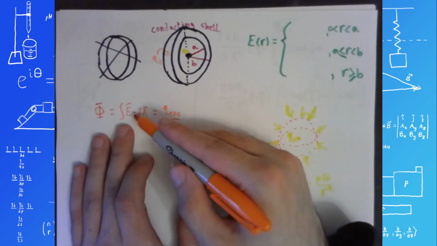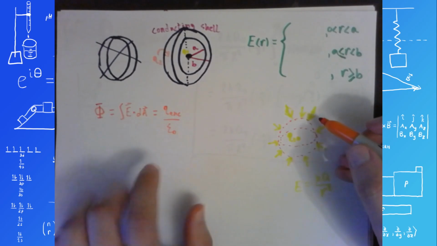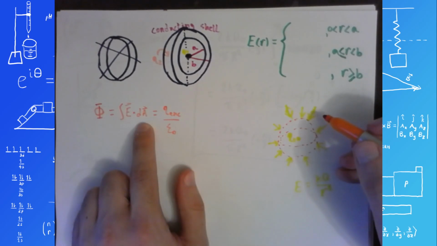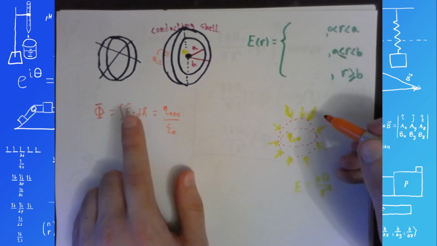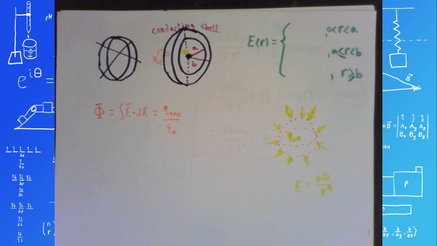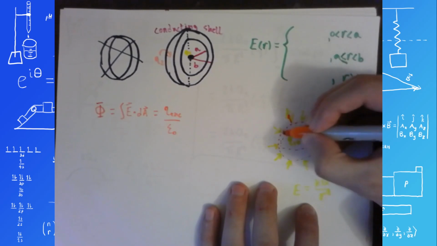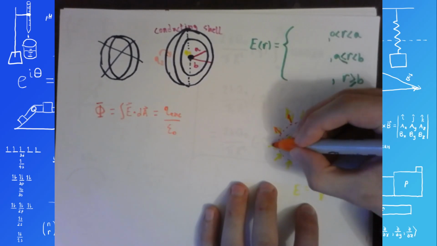So we know the electric field is the same at every point, and we also know the direction of the electric field with respect to the direction of the surface normal, that would be the direction of dA, always normal, perpendicular to each section of the surface. Well, the surface normals always just point directly outward from the surface.